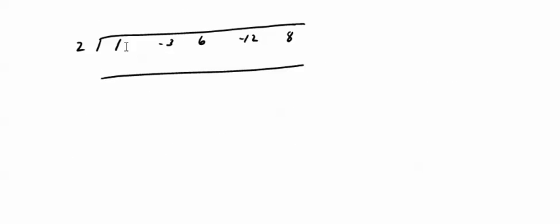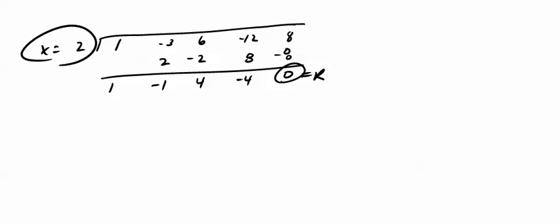I'm jumping ahead because I know that this is going to work. 1 times 2 is 2, negative 1, negative 2, 4, 8, negative 4, 2 times negative 4 is negative 8, that's 0. That's our remainder. X is 2 again. Now, this was x to the 4th. Now I've reduced it to x to the 3rd.